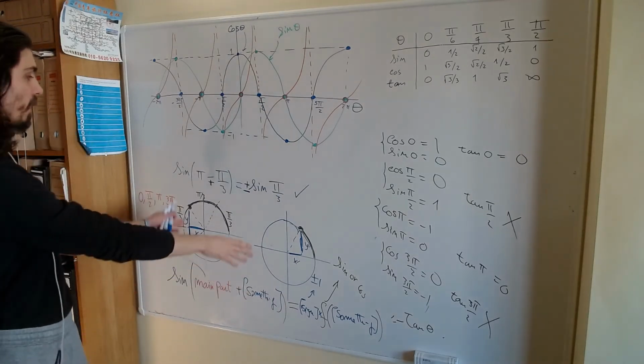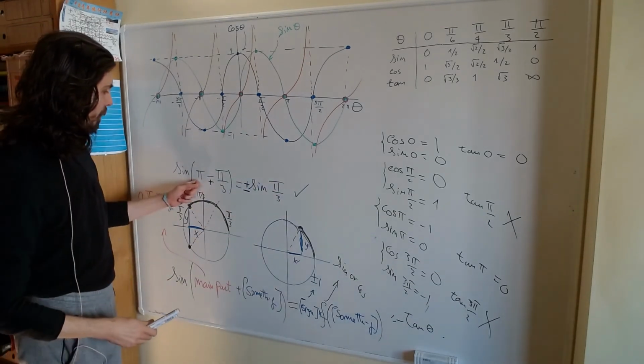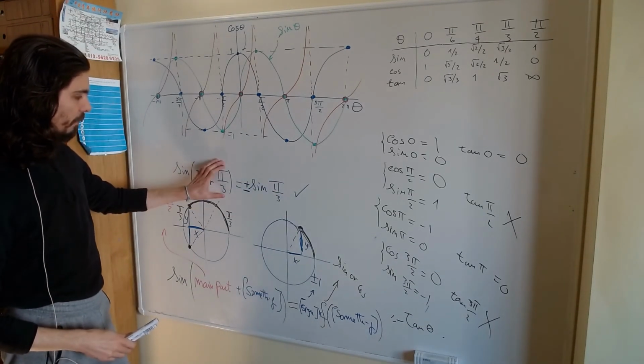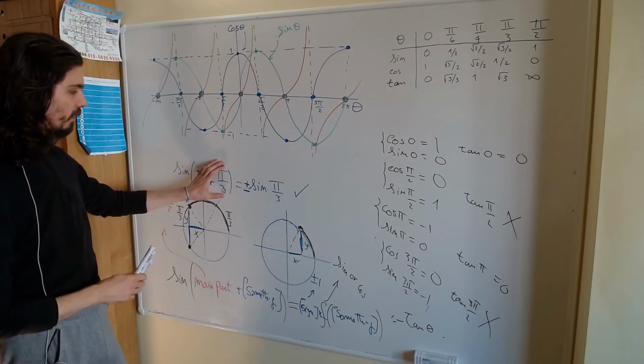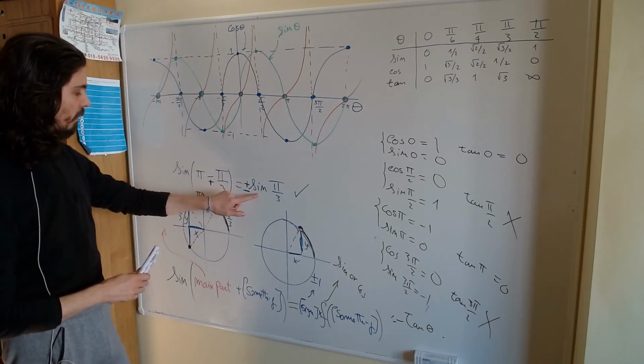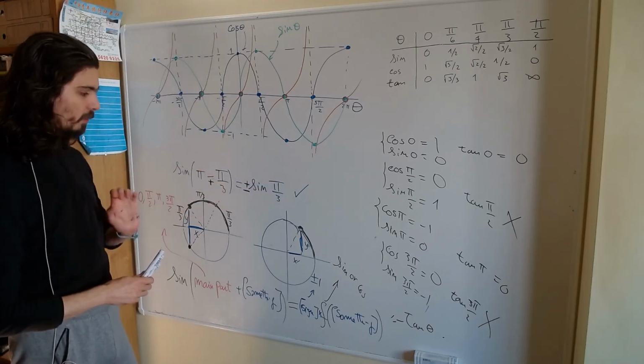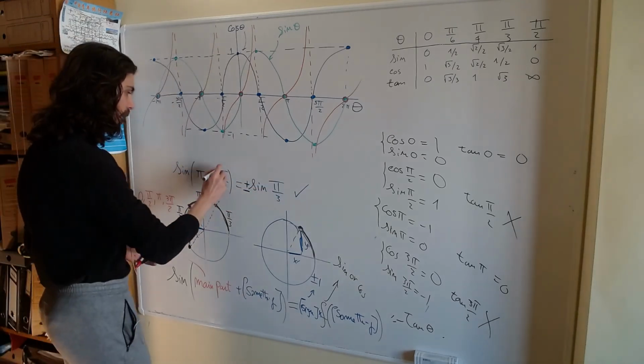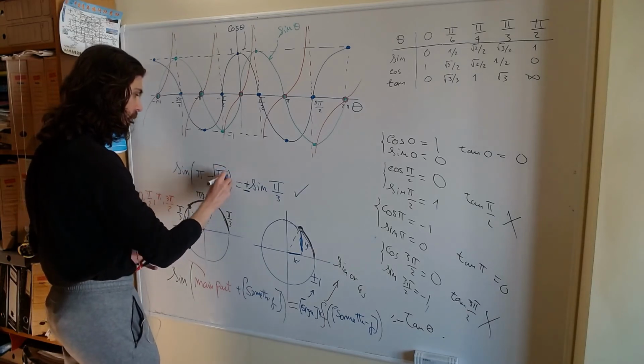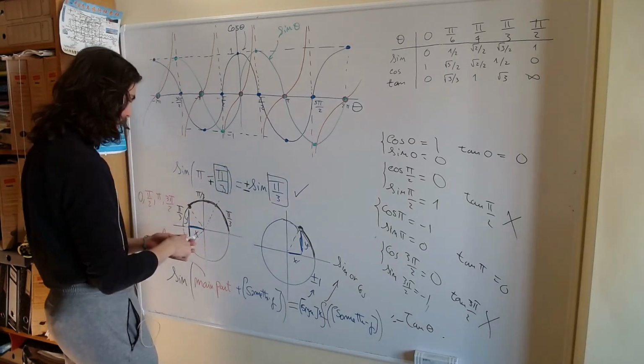You can see this pattern here. Here's the main part. Here's the something, the angle that belongs to the first quadrant, and it is equal to a sign times f. In this case, f is the sine, and pi over 3 is the something. You see? I'm going to make this in color to make this obvious.